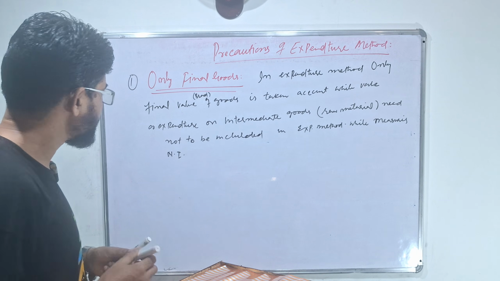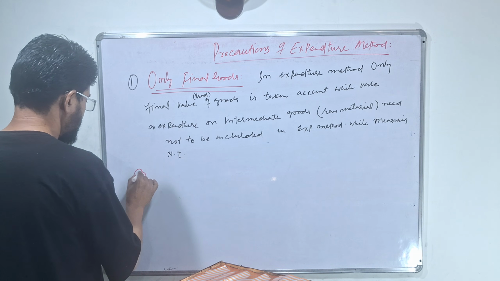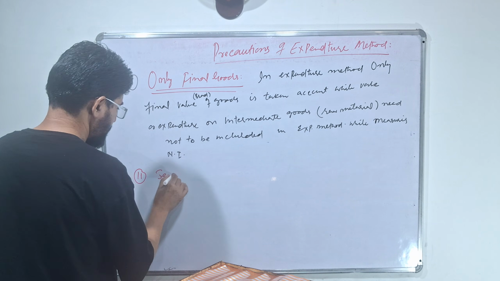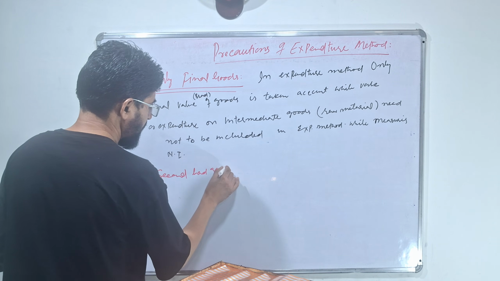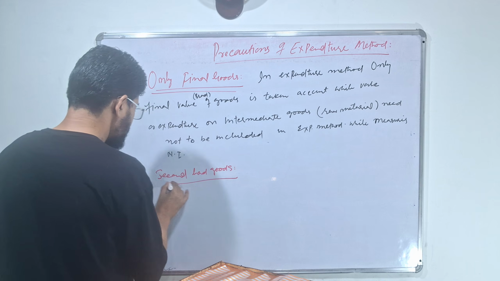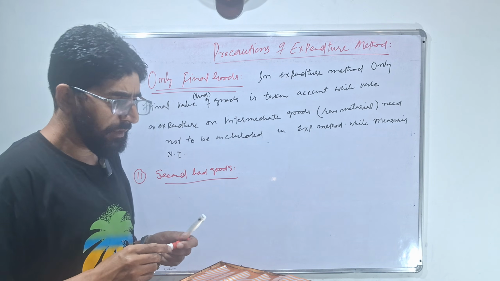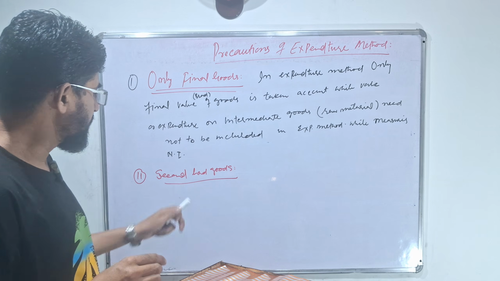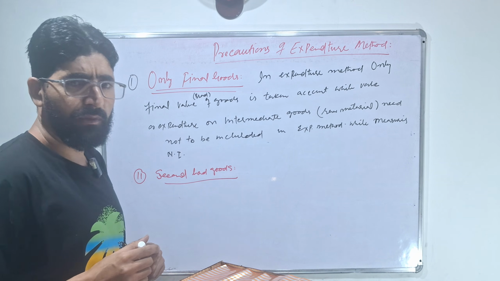Second one, second hand goods. I have already discussed this point when we were reading the value added method, the first method, but I will discuss it further.